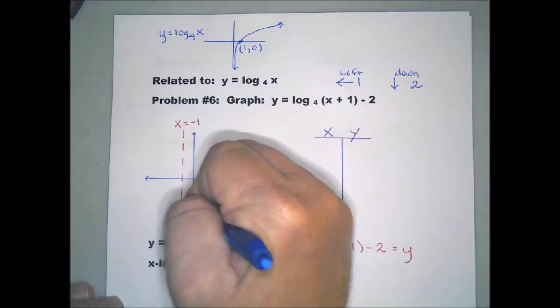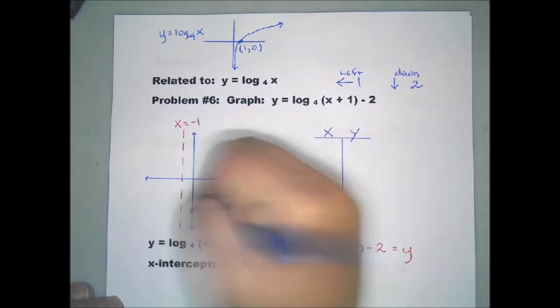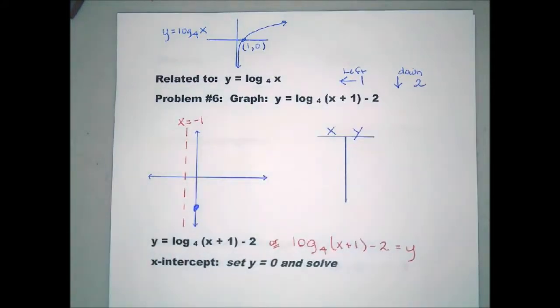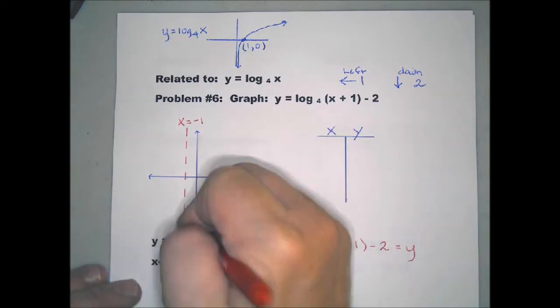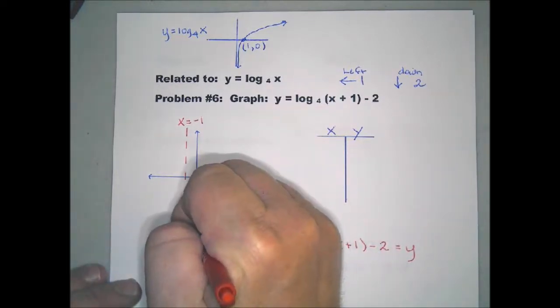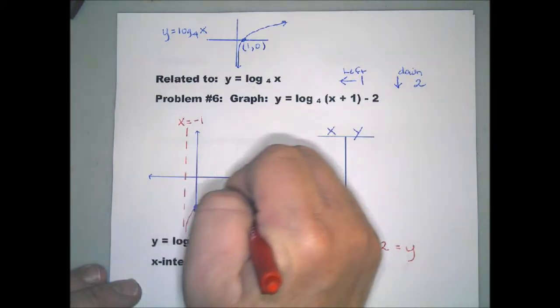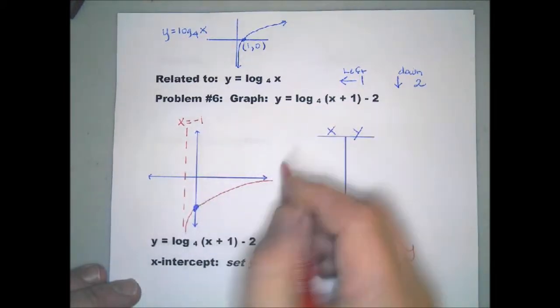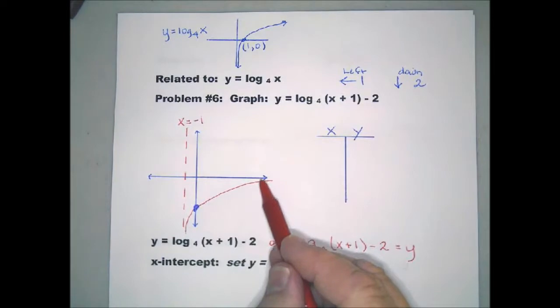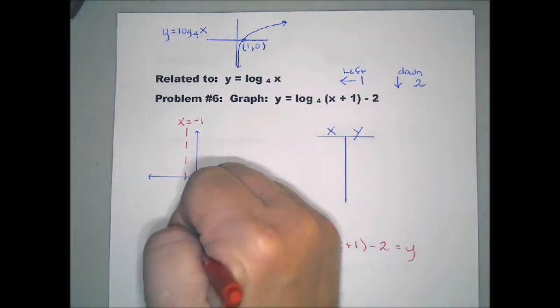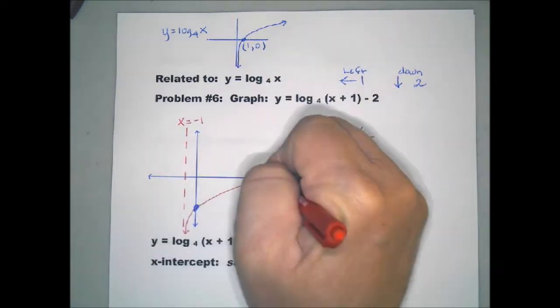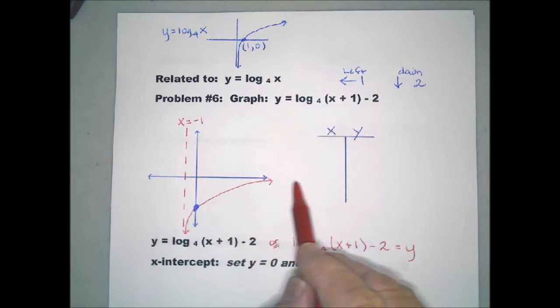So (0, -2) would be a really important point on that graph. And then I guarantee you the graph is going to do something like this. Now, I promise you it's going to cross that x-axis at some point because it never turns straight flat.